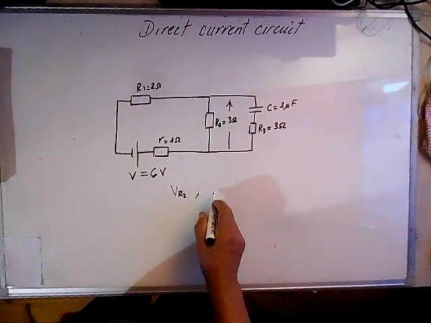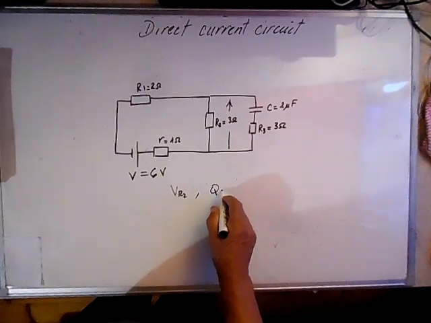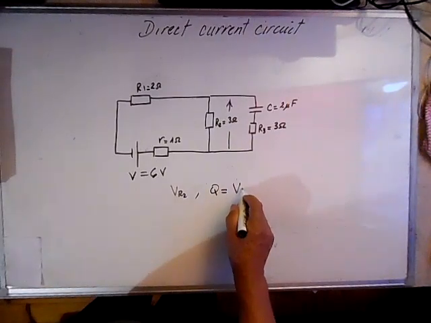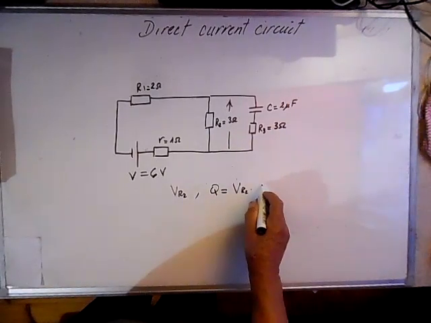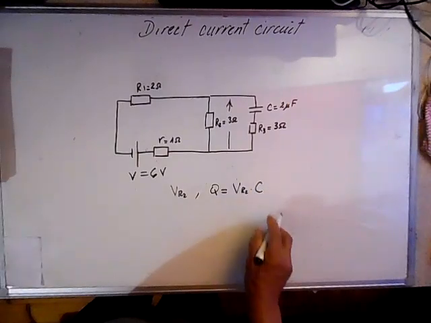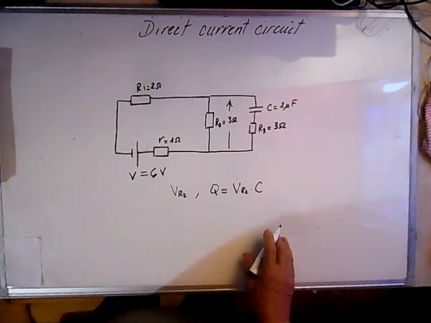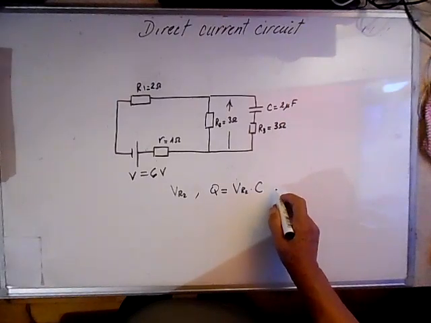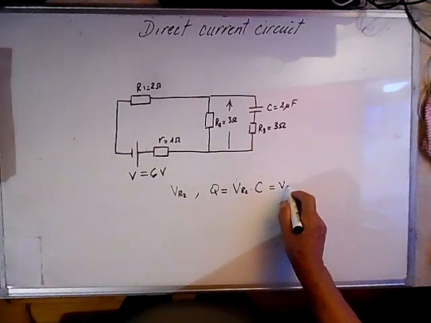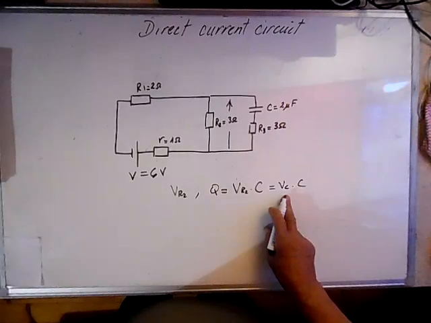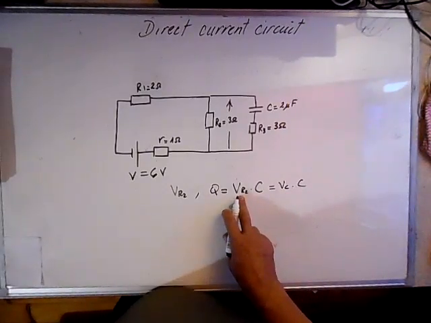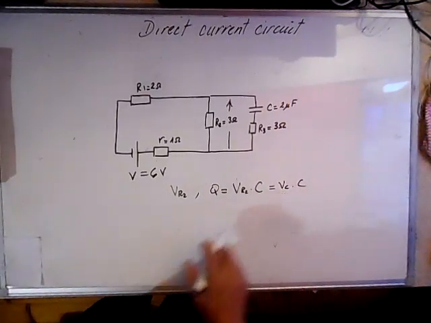Once we have VR2, we can calculate the charge, which is VR2 times C, the capacity of the capacitor, remembering that VR2 is equal to VC.